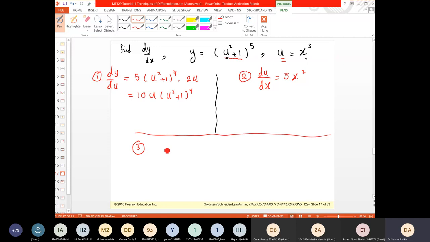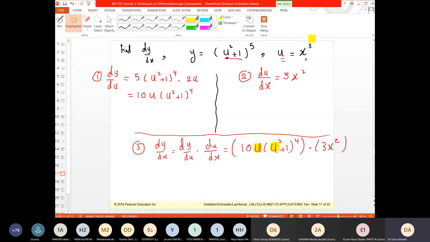The third step is multiplying the things. نضربهم في بعض. So dy على dx is nothing but dy على du في du by dx. This one is 10 في u square plus 1 to the power 4. Multiply with 3x square. We finished, but one more step remain. اليو هذه غيروها للx. How? I know ان اليو is x3.